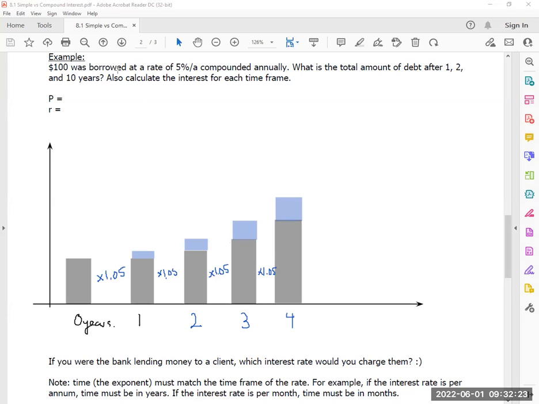And so by the time we get to 10 years, the amount of money that we actually have will be a total of all the blue stacks that we had. And how much is 5% of that huge block? Well, it's going to be much larger than the blue blocks of the previous years. So the amount that you gain every year is huge. It's a percentage of what you had before.